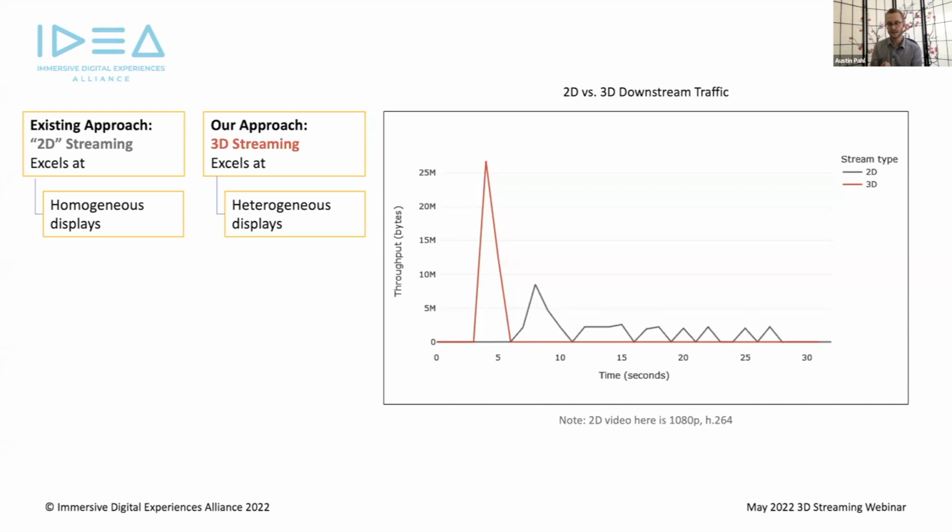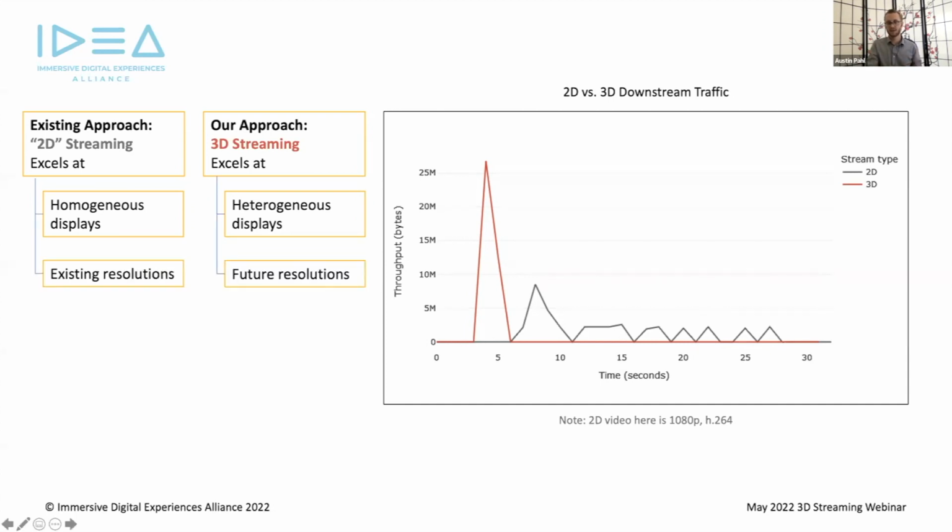How can I guarantee that everybody gets good quality of experience when some users have 6 degrees of freedom in a VR headset and other users might have a flat, non-interactive video in front of them? This is much easier to control for in a scene graph, where you can manipulate the individual assets and meshes and textures and cameras than you can in a 2D video file. So we say that 3D streaming simplifies this process by cutting out an extra step.